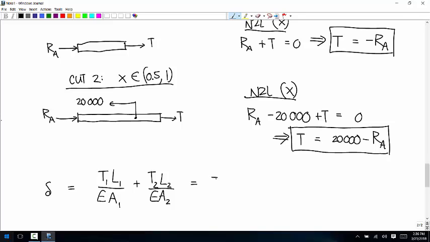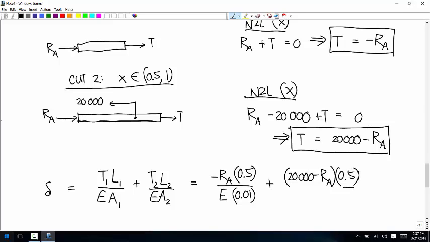So we have negative RA times 0.5 over E times 0.01 plus the quantity 20,000 minus RA times 0.5 over E times 0.01. The total elongation is equal to 0.